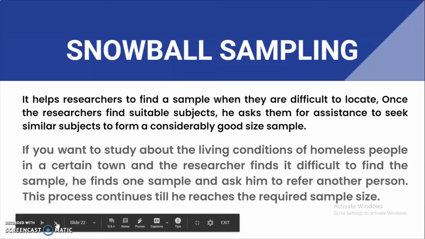Here he wants to take homeless people as a sample, but finds it difficult to find them in a particular town. So somehow he gets one sample, approaches him and asks for references to others who are homeless, and this process continues until he reaches the required sample size.